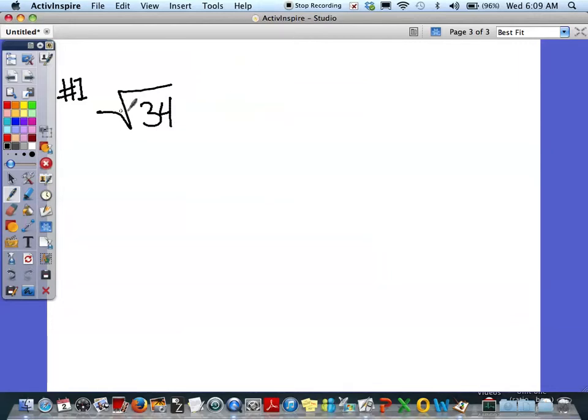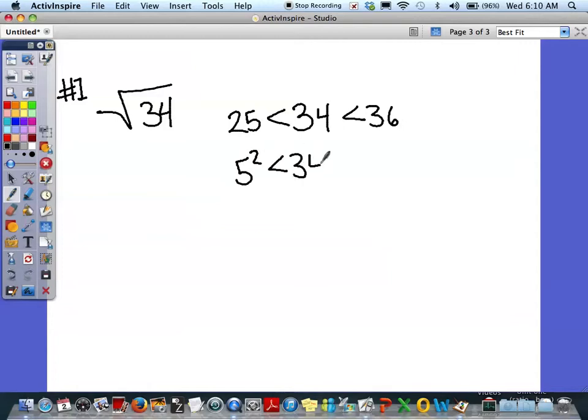First thing you want to do is look at the number under the square root sign and figure out what squares it's between. 34 is less than 36, but it's also greater than 25. In other words, it's greater than 5 squared, but less than 6 squared.